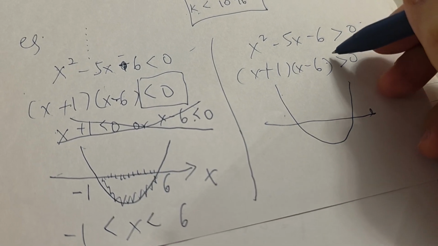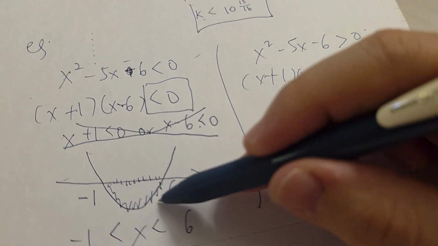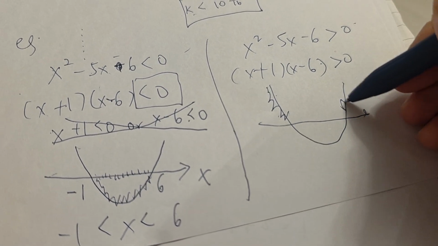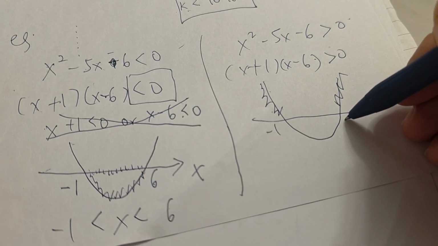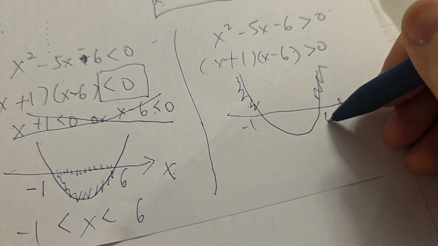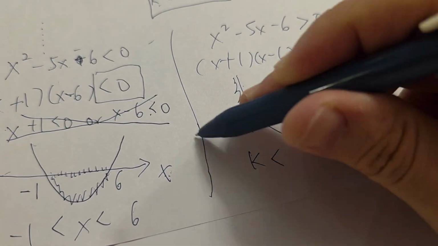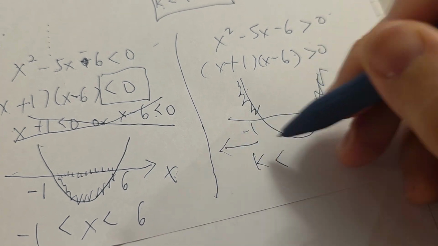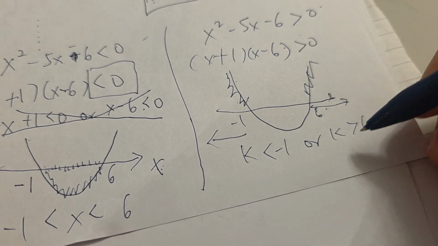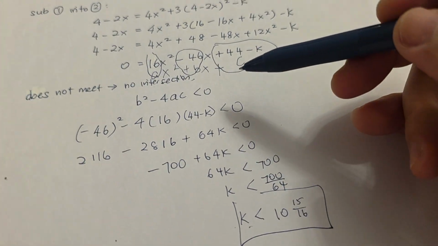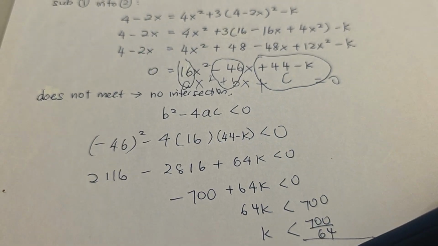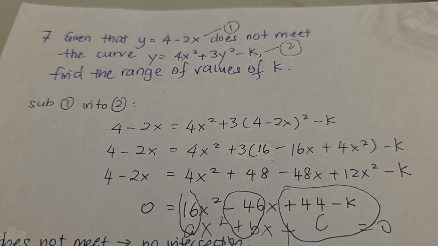Down here, instead of wanting the negative portion of the curve, you want the positive portion, which means you want your x or your k, whatever is the unknown here, to be less than minus 1, this way, or k greater than 6. So you got to know how to solve this, because you may not end up with a linear inequality, you may end up with a quadratic inequality. Okay, so that is all.